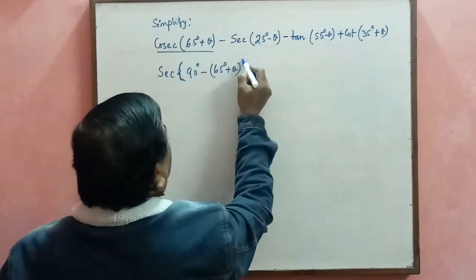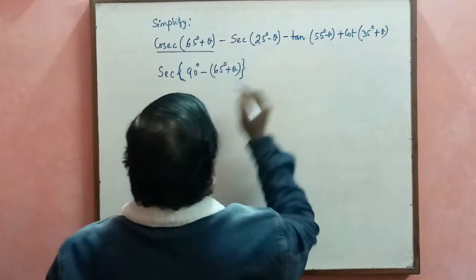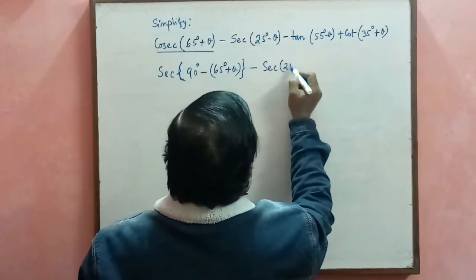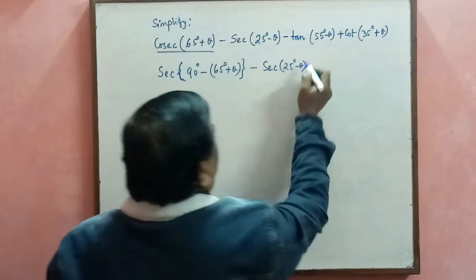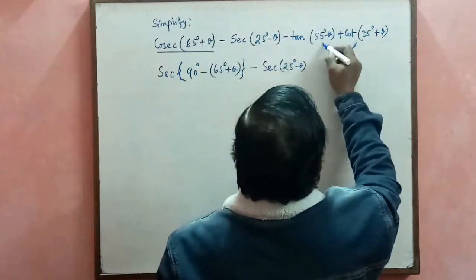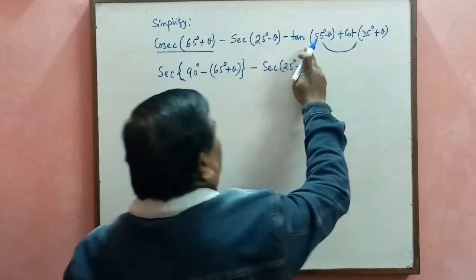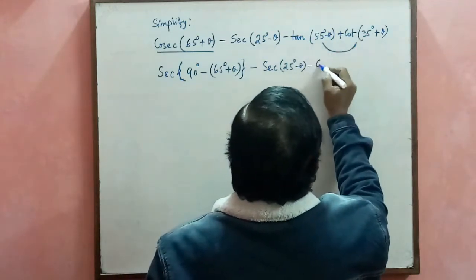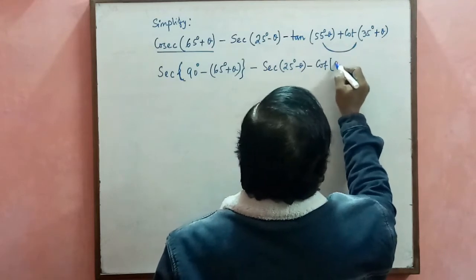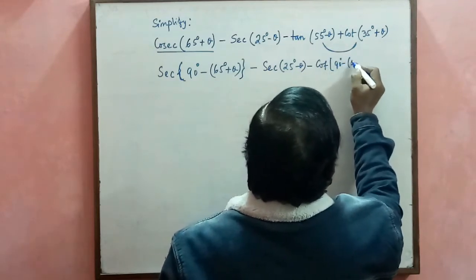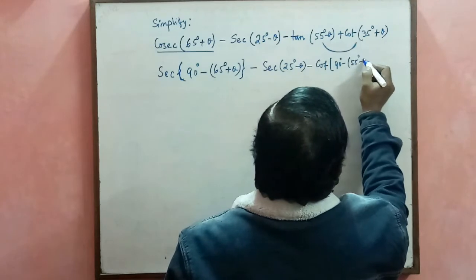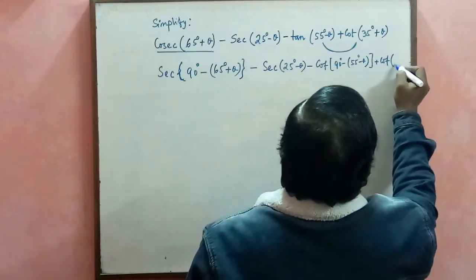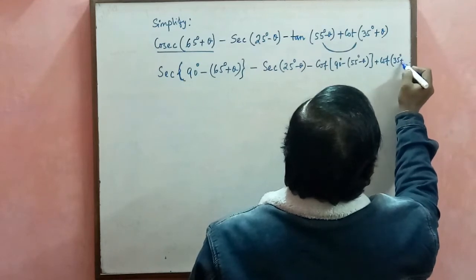The second bracket here, minus, you keep it as it is because we have already changed one. Here, either of these two will be changed. Either you change tan or cot, anything. Minus cot 90 degree minus 55 degree minus theta plus cot 35 degree plus theta.